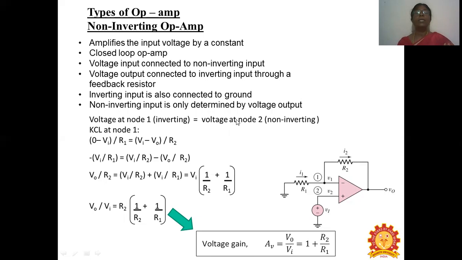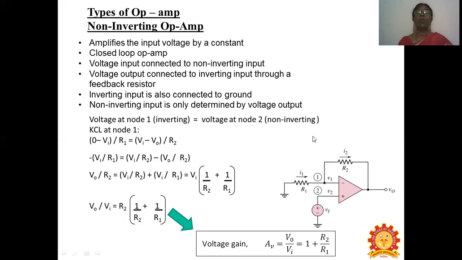Here this circuit amplifies the input voltage by a constant value. This circuit is a closed loop circuit because a fraction of the output signal is connected to the inverting terminal of the operational amplifier circuit.